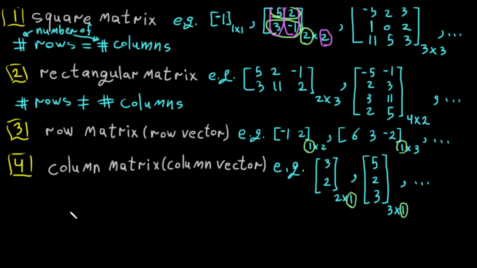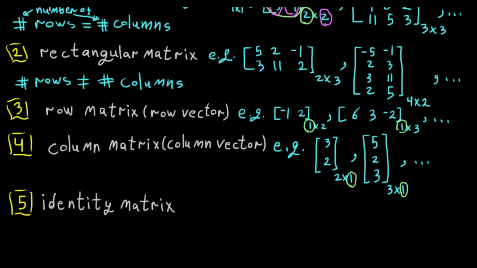Now we will know about the identity matrix. Identity matrix, for example, this 1 by 1 matrix, or a 2 by 2 matrix, 1 0 0 1. As you can see here, on the main diagonal are ones.